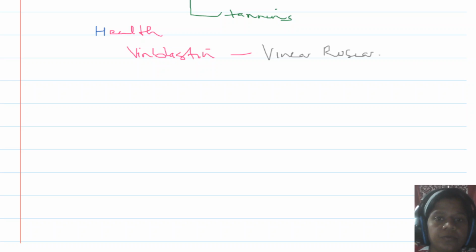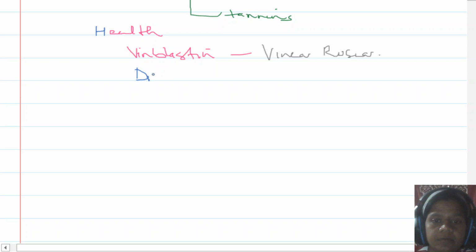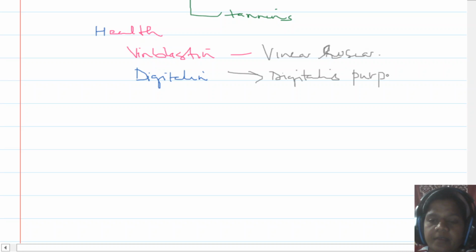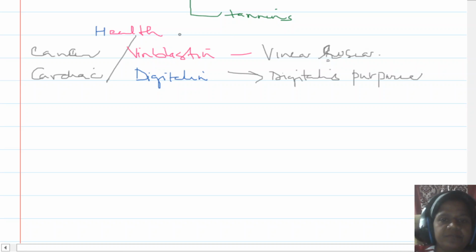And we also get digitalin, and we get it from Digitalis purpurea. Okay, so this is a cancer drug. This is used for cardiac problems, heart problems. So we still go back to the plants for drugs.